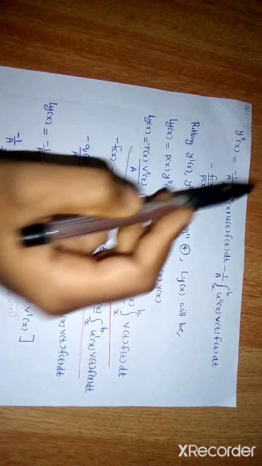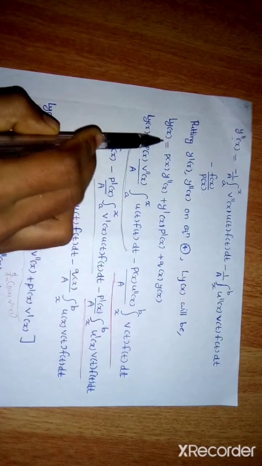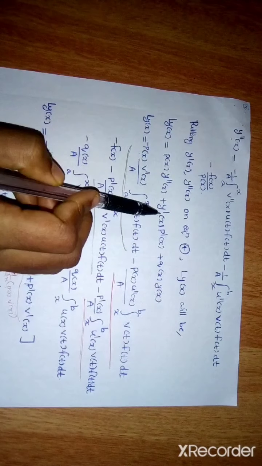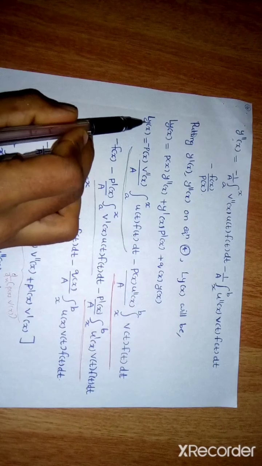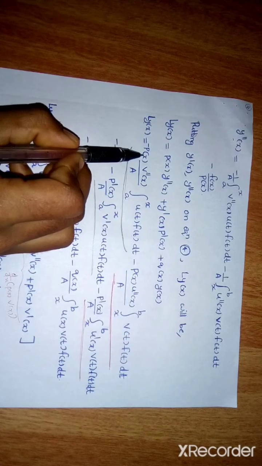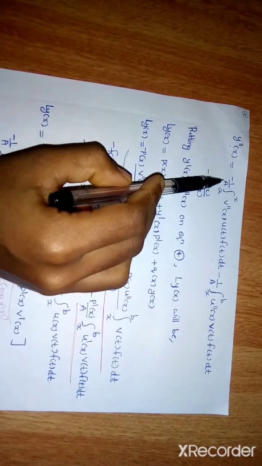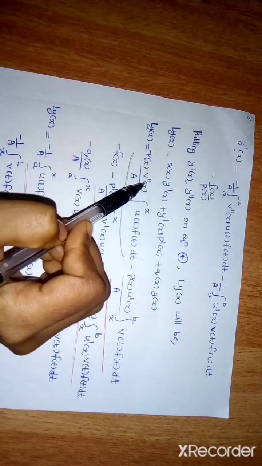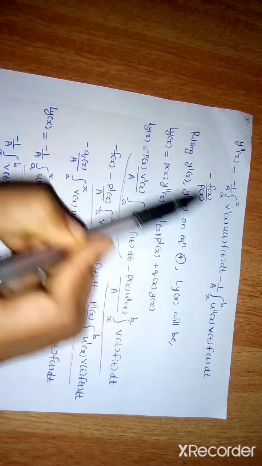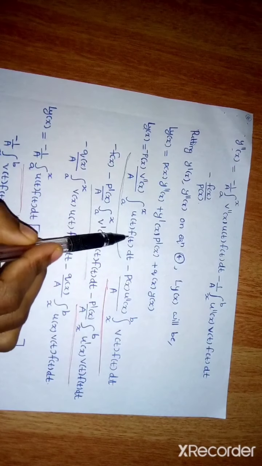And now we can put these values of y dash of x and y double dash of x into this equation. So what we get, Ly of x equal to minus p of x into, that is p of x into y double dash of x. So here the first term is minus p of x v double dash of x by a integral a to x, the left terms u of t f of t dt.